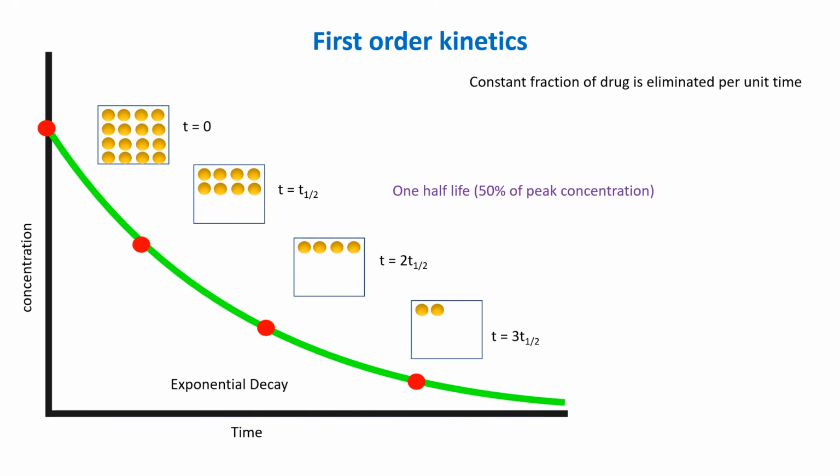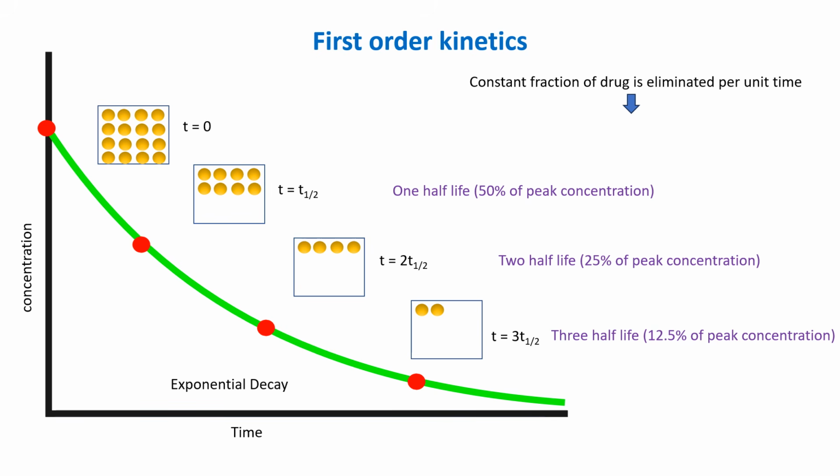As elimination continues, the remaining concentration is reduced by another 50%, resulting in 25% of original concentration. The remaining concentration is then again reduced by another 50%, resulting in only 12.5% of the original concentration, and it keeps going until it is fully eliminated. Please spend some time carefully studying this graph.